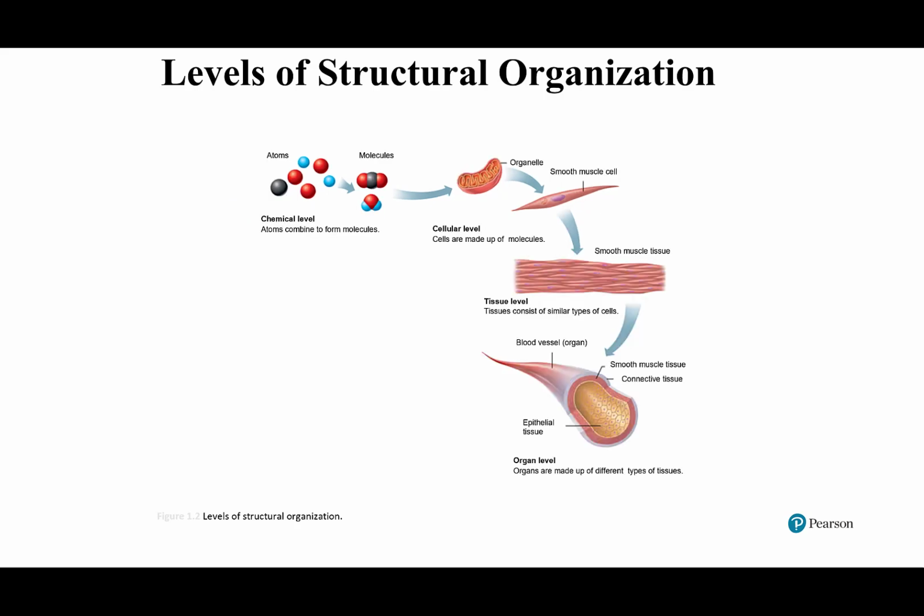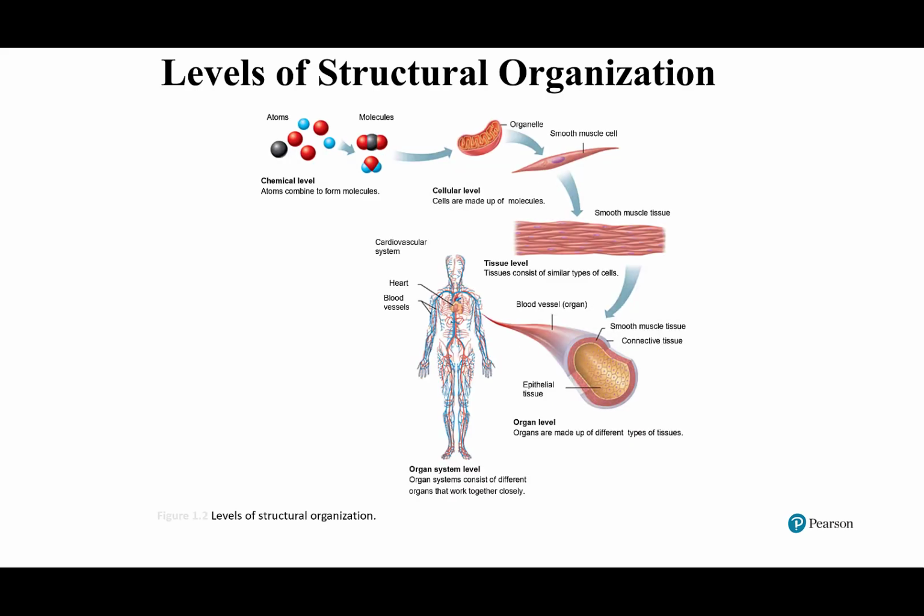Now, if you put similar tissues together, you have an organ. In this case, if you put a whole bunch of smooth muscle tissues together, you get yourself a blood vessel, for example. If you put different organs together, you get yourself an organ system. Note the word different.